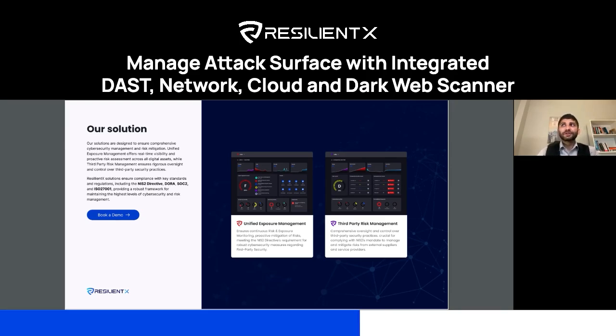On the other hand, third-party risk management helps companies to understand the risk associated with their third-party companies. So let's say that I have 200, 300 different suppliers or vendors. How can I understand if there is any kind of risk associated with my vendors and help them to improve and mitigate? Of course, with third-party risk management.